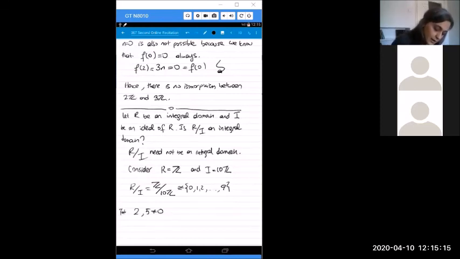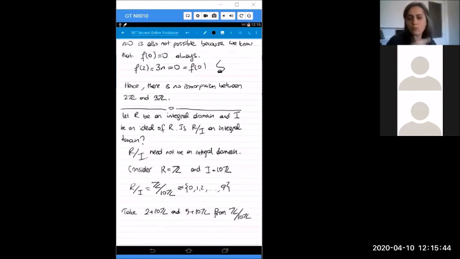From the quotient we are taking, of course, take 2 plus 10z and 5 plus 10z from z over 10z, or you can just use the element 2 modulo 10 and the element 5 modulo 10.